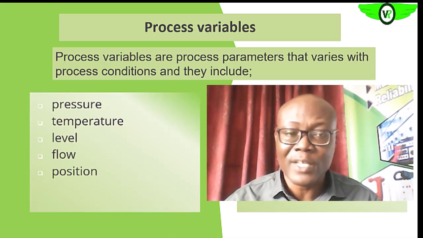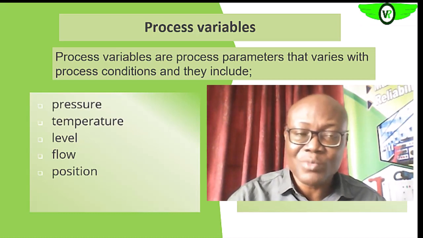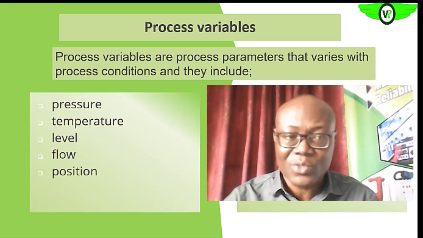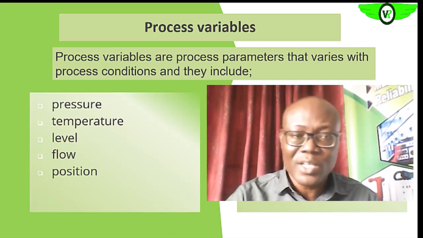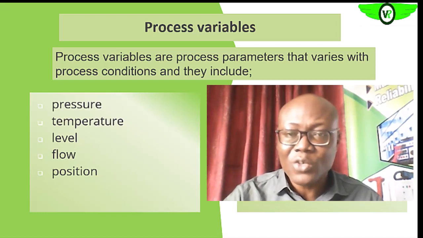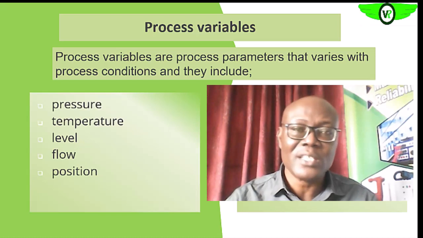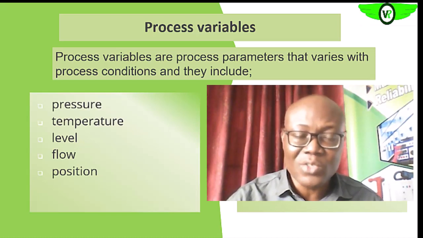But for all of them, as we'll see later, we have instruments that are used to look at them. They are called sensors. We have sensors for pressure, temperature, level, flow, position, force, density, viscosity, sound, and pH.